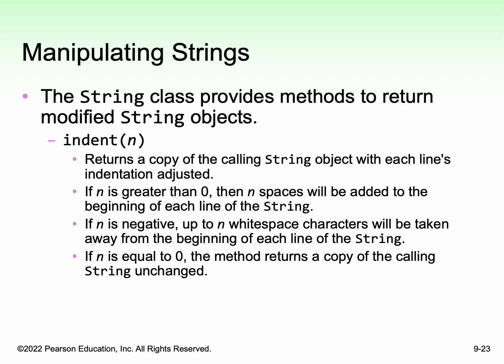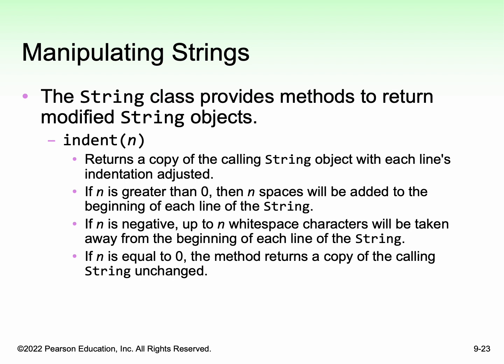So what indent does is just add a couple of white space characters in front of your string. However, you can also send a negative value into indent, and if you do, that's how many white space characters will be deleted from the beginning of each line of your string.